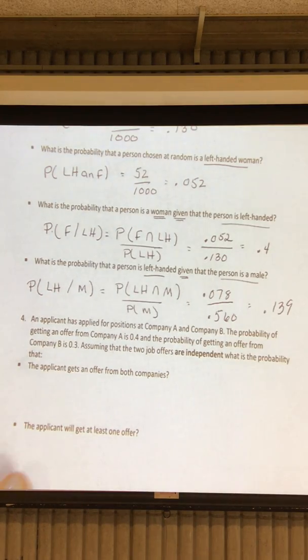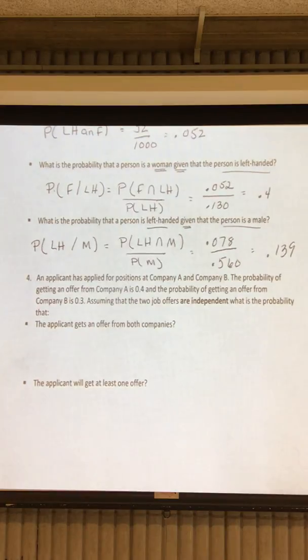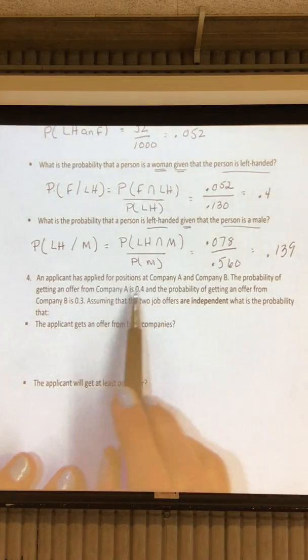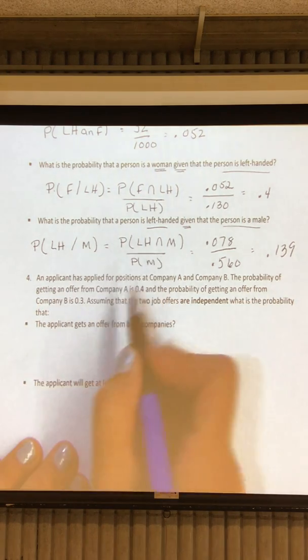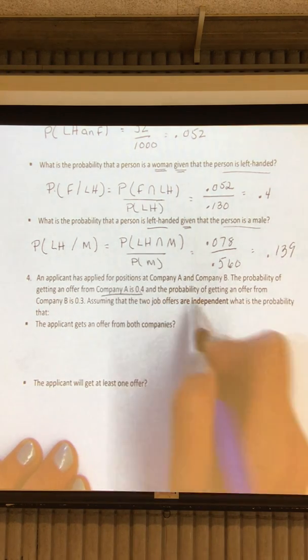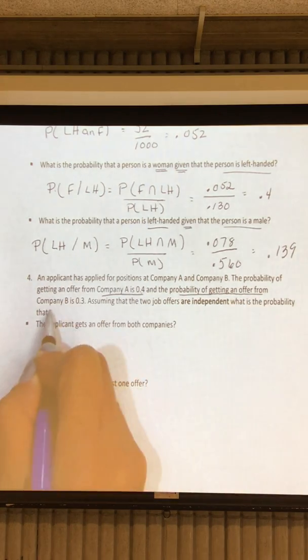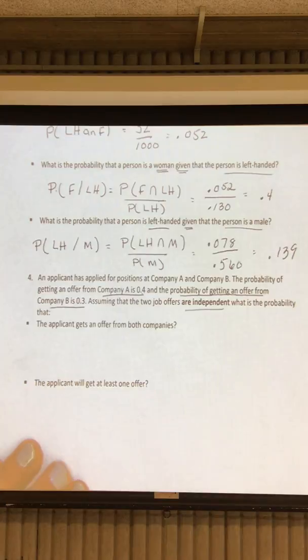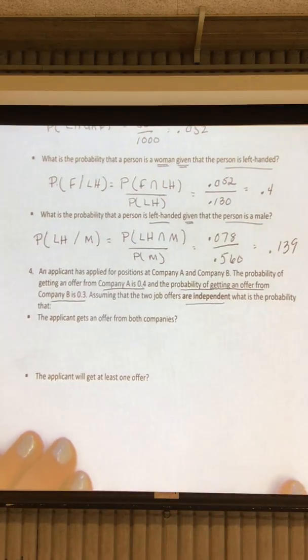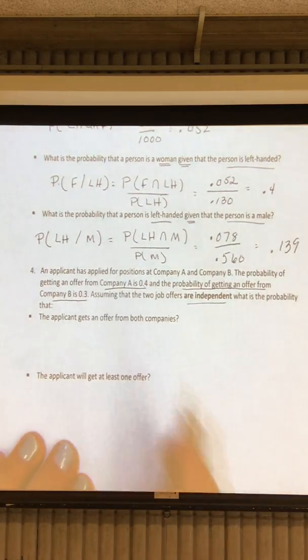And the last problem, number 4. An applicant has applied for positions in company A and B. The probability of getting an offer from company A is 0.4. Probability of getting an offer from company B is 0.3. Assuming that the two jobs are independent, what is the probability that the applicant gets an offer from both companies?